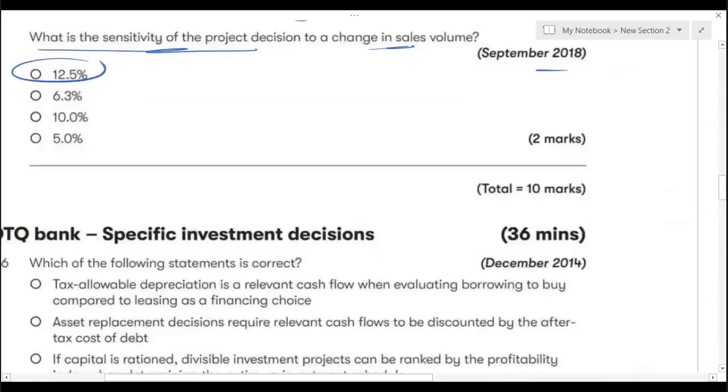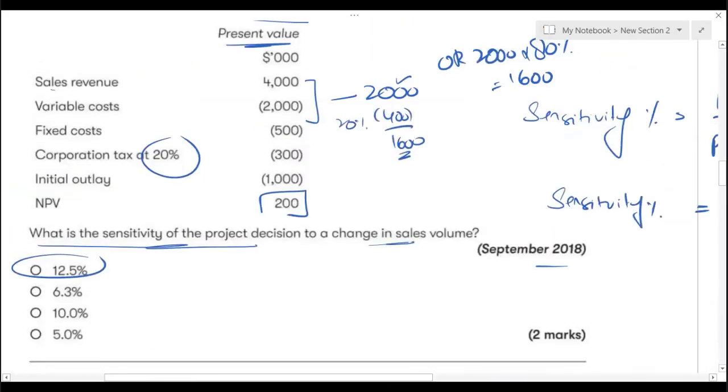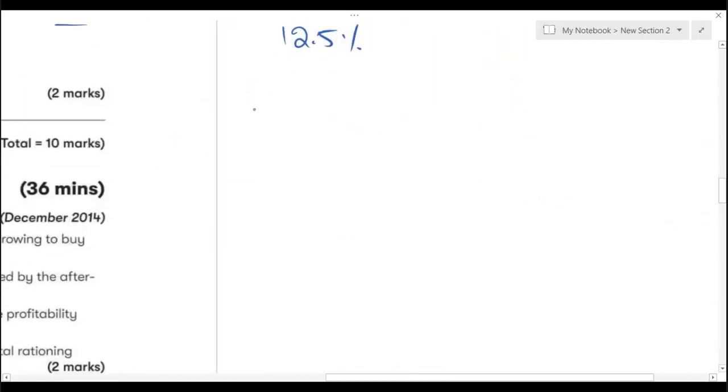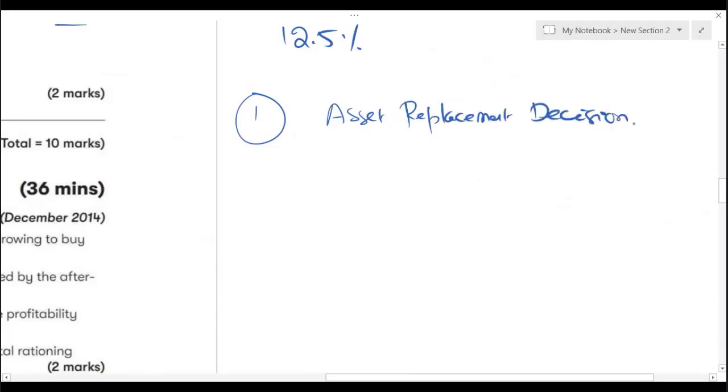That's it. So, dear students, now let me quickly tell you the remaining topics in investment appraisal. One is asset replacement decision. Second is lease or buy decision.